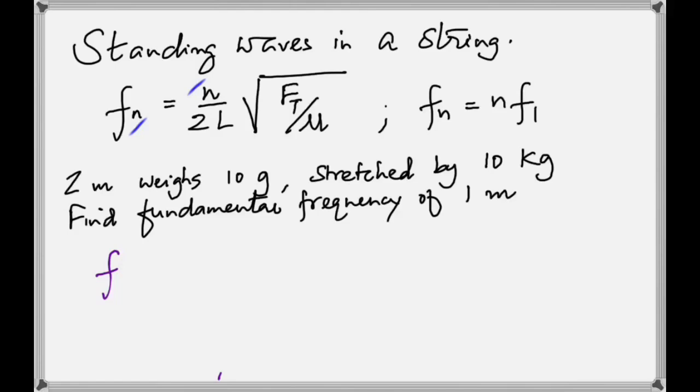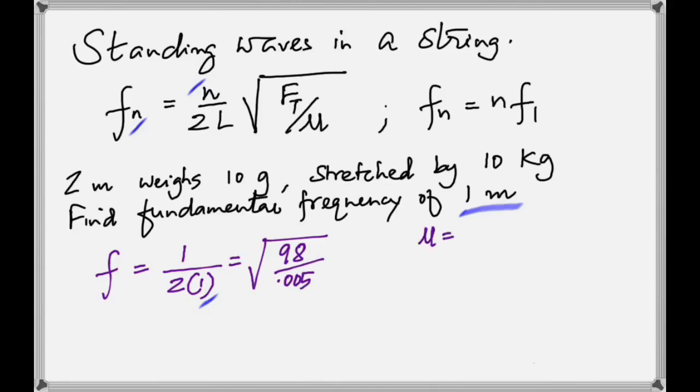But the actual length of the vibrating string is 1 meter. So that's what is vibrating, and in the calculation we're going to use that as 1 meter, as you can see. Then 10 kilograms produces a tension of 98 newtons, so 10 times 9.8.